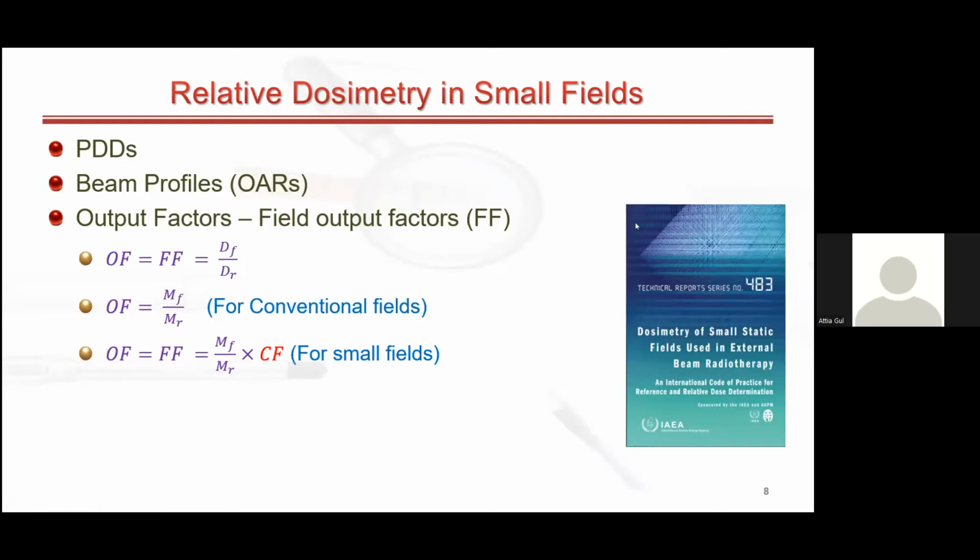If we are using conventional fields, then we can take a ratio of detector reading in the given field to the reference field. But for small fields, we have to employ a correction factor in addition to this ratio. And as I was saying, these correction factors are provided in TRS 483.